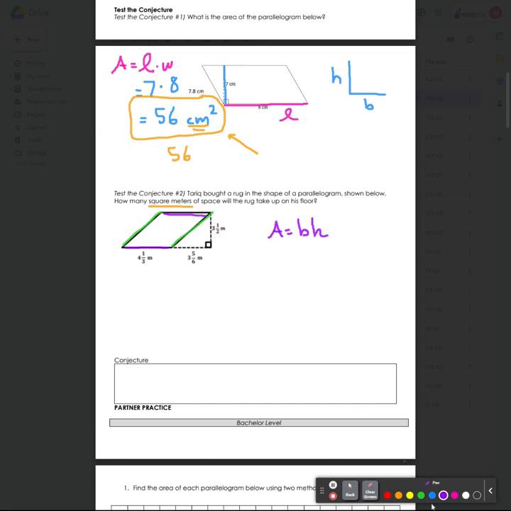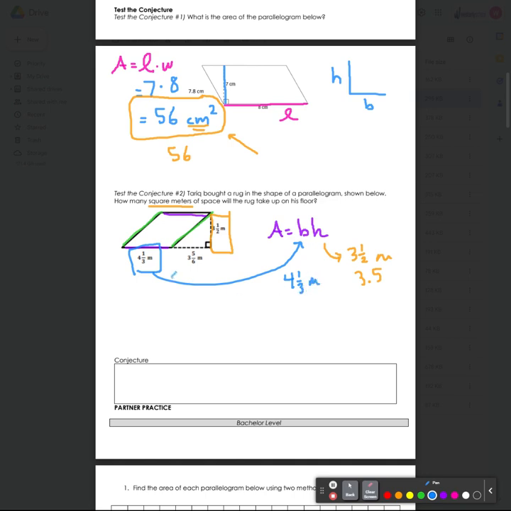And when we look at the following, we can see that our height is this measure right here, which is 3.5 meters. And then our base is this measure right here, which is 4 1/3 meters.